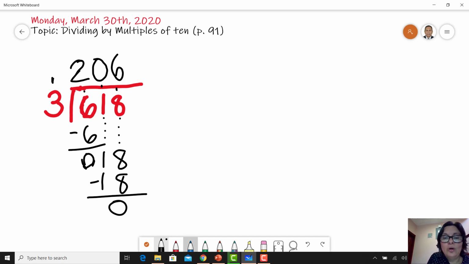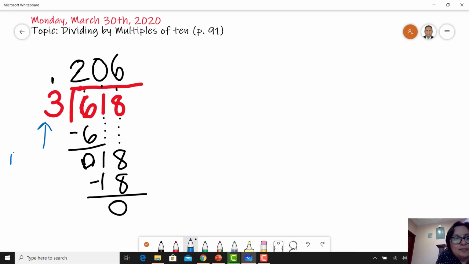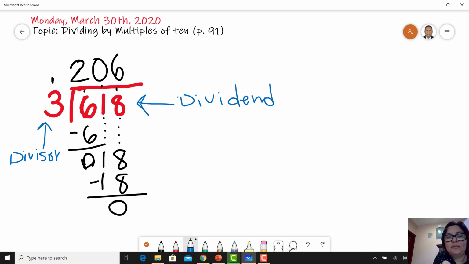So, how do you call this number here? We call it divisor. Okay? And how do we call this number here? Dividend. Remember that we are reviewing. This is something that you already know. How do you call the numbers in here? Quotient.